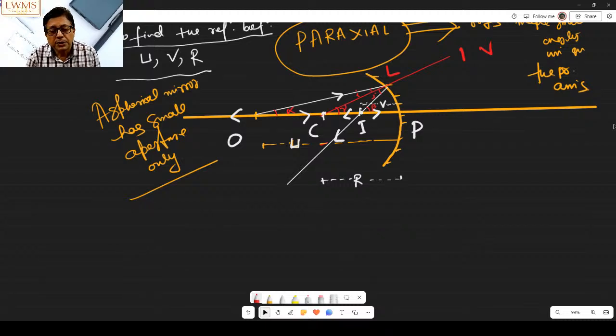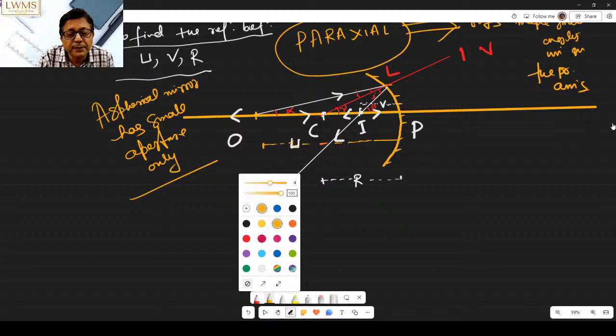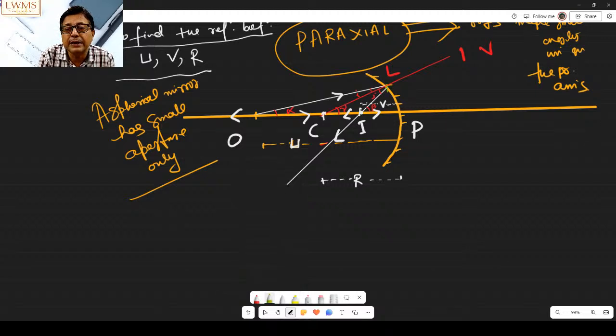Now, you have to do one thing additional, that is, you will be drawing a perpendicular here from L to the principal axis. LM is the perpendicular. P is the pole. Now tell me one thing. If the aperture is very small, is there any difference between M and P practically?